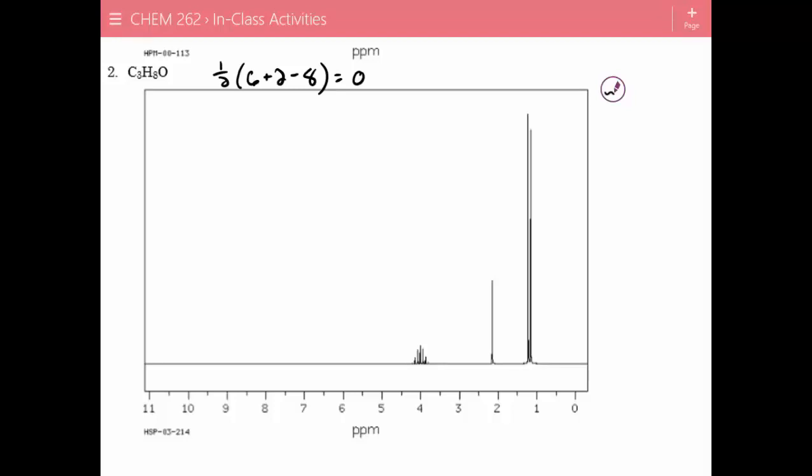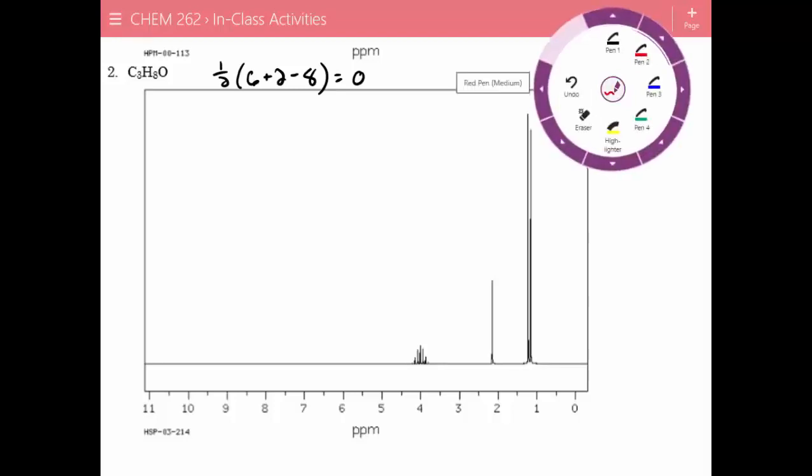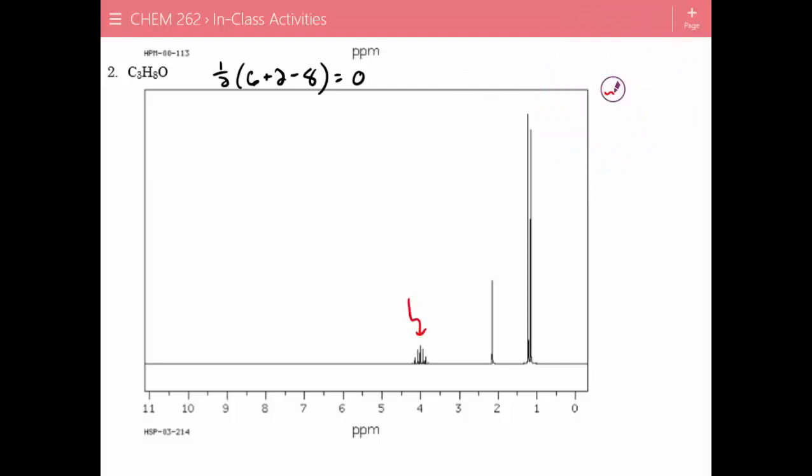All right. So let's use our detective caps here and say this probably has 6 3-bond neighbors. What about this one around 2? Is that a singlet, doublet, triplet? Looks like a singlet to me. Okay. If it's a singlet, how many 3-bond neighbors does it have? 0.